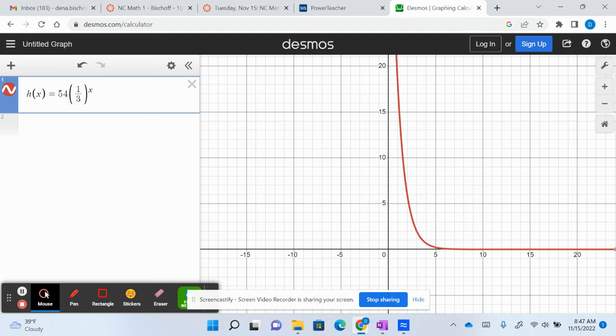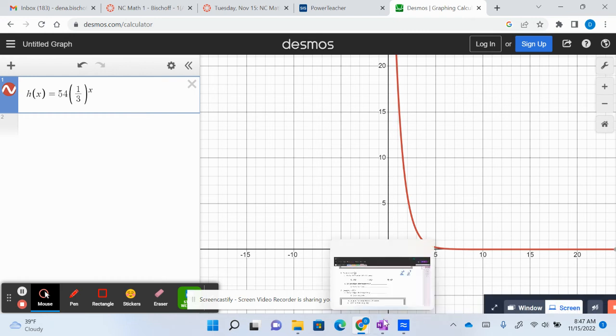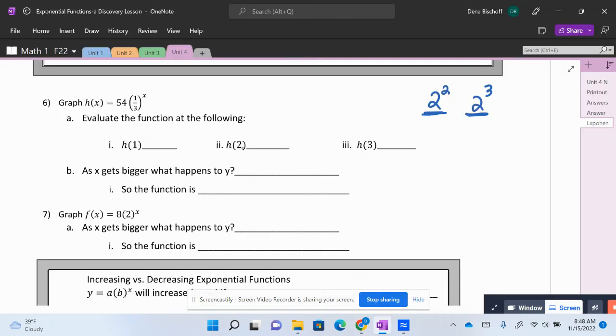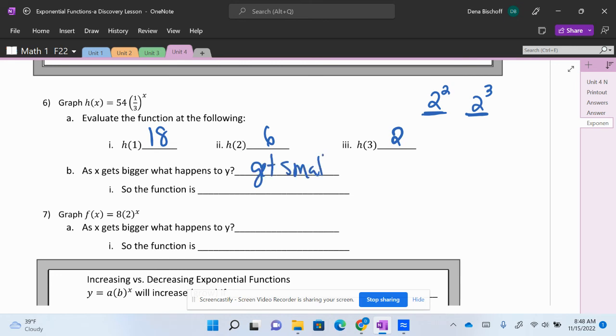So put those in there. So it says, as x gets bigger, what happens to the y value? Anybody? It gets smaller, so that means it's decreasing. Yes. It gets smaller, which means it's decreasing.